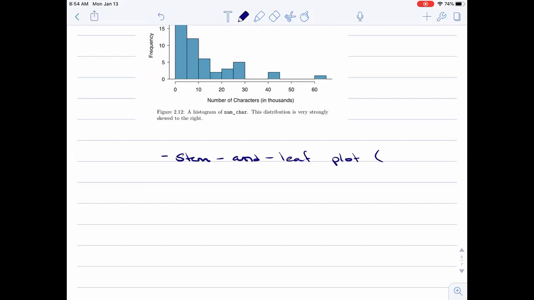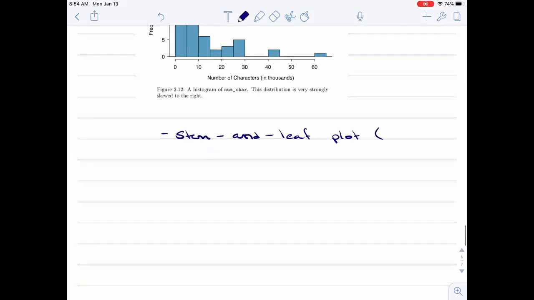If you don't have the tools to make a histogram, so a poor man's histogram. And the textbook goes through and explains how it's done, but you take each of your data points, right? And then you figure out what your stem is going to be, right? And then you've got a leaf for each data point.